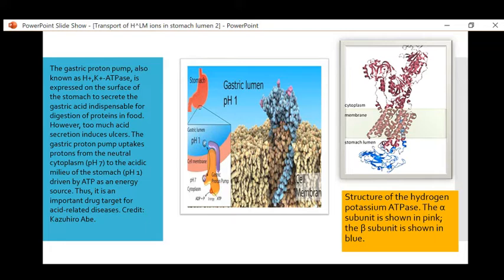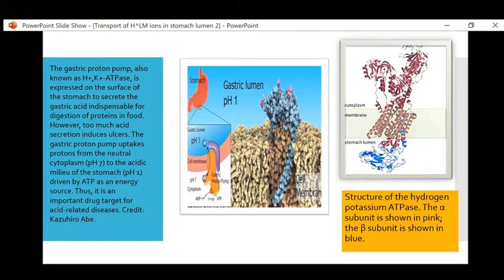The gastric proton pump takes up protons from the neutral cytoplasm, which has a pH of 7, to the acidic milieu of the stomach with pH 1, driven by the energy source generated by the mitochondria, ATP. Thus, it is an important drug target for acid-related diseases.